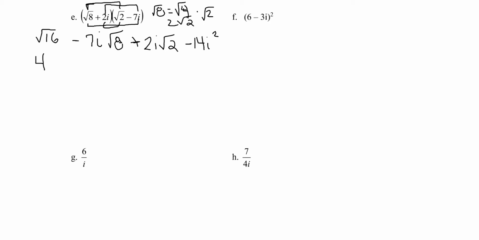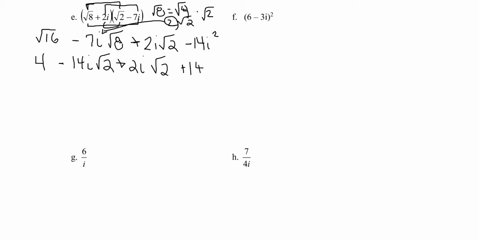I'm going to take this 2 and multiply it times my 7, so I'll get negative 14i square root 2 plus 2i square root 2. And my minus 14i squared, remember, this is a negative 1. So negative 14 times negative 1 will give me a positive 14. And then I'm going to continue to simplify.